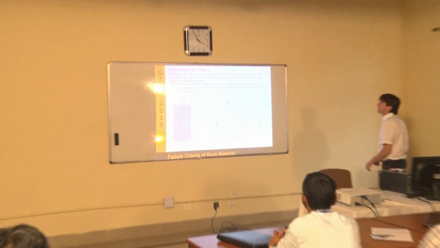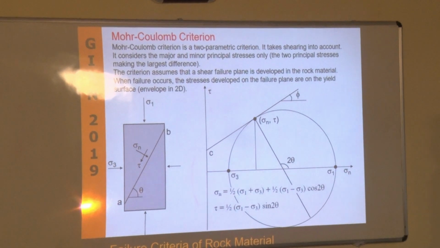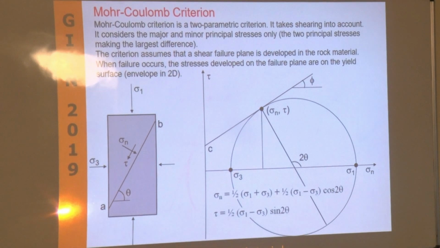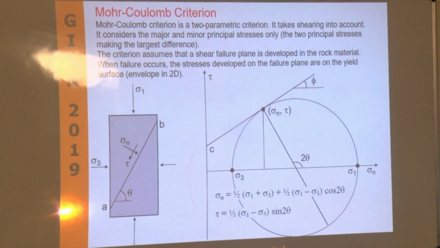Probably the most used, taken directly from soil mechanics, is the Mohr-Coulomb criterion. And the Mohr-Coulomb, remember, is valid as long as your system fails in shear.